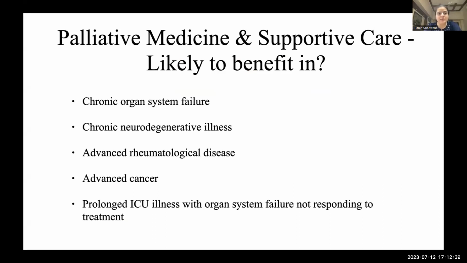Your organ failures, your neurodegenerative diseases, your rheumatological diseases, you have your cancer, of course, and your prolonged ICU illnesses, where let's say the patient has been in the ICU for more than 20 days with multi-organ failures which are not responding to the treatment anymore. Then I've not mentioned it here, but you'll have your geriatric population as well, though it's more or less a separate branch nowadays, but geriatric care also comes as a part of palliative care.